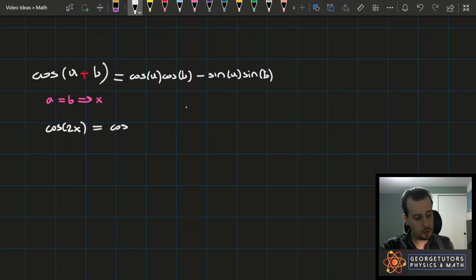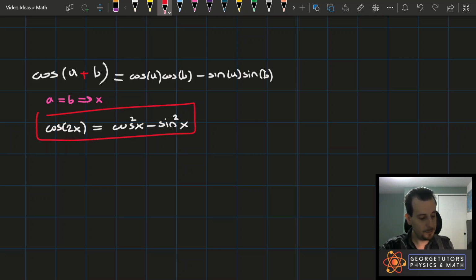So if we substitute on the right-hand side what A and B are, we get cosine of x cosine of x minus sine of x sine of x. And of course, this is simply over here, cosine squared of x minus sine squared of x. Another very important identity.